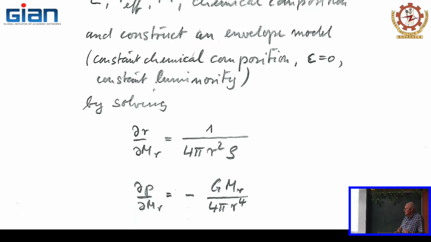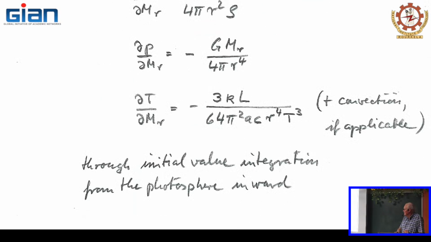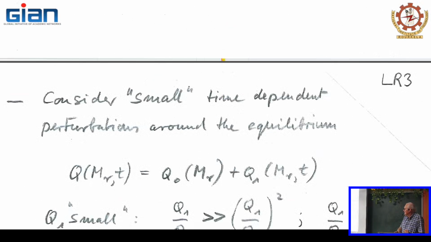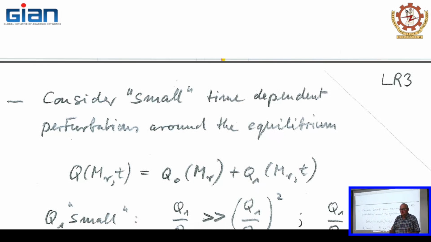And then we consider small time-dependent perturbations around the hydrostatic equilibrium. That means any quantity Q depends both on spatial position, in terms of the Lagrangian variable m_r, and on time. Q denotes, for instance, luminosity, temperature, pressure, and so on. We have spherical symmetry, so instead of the radial coordinate, we may take the Lagrangian mass coordinate, and the time.